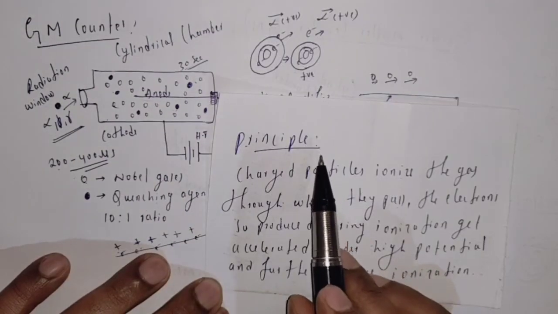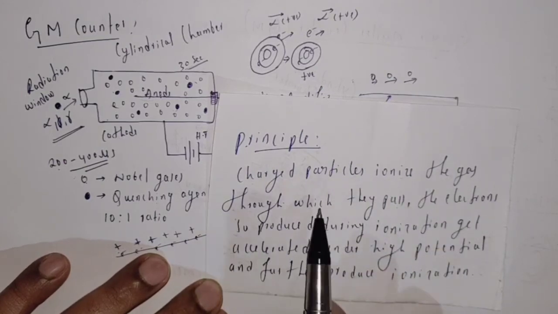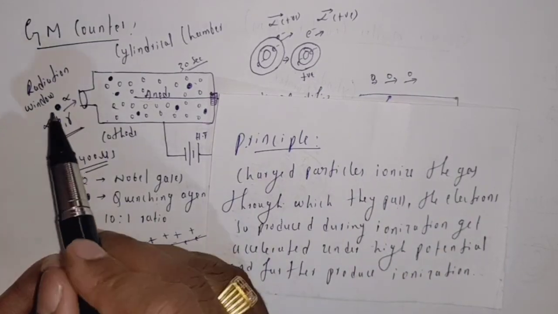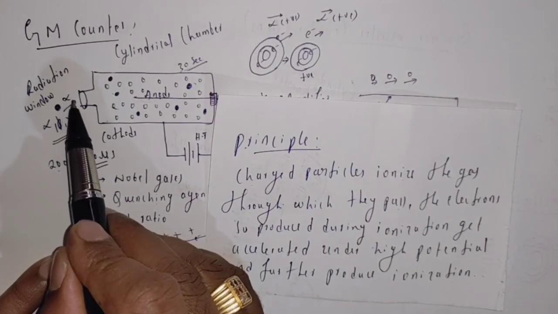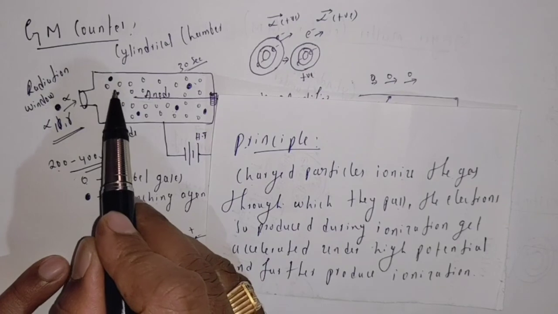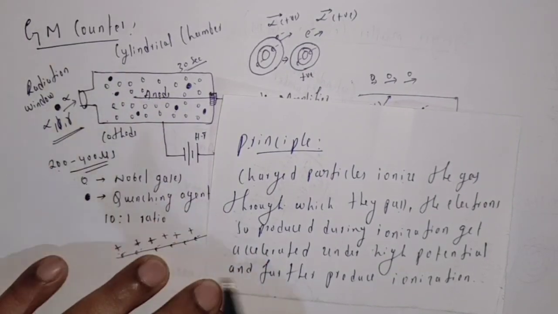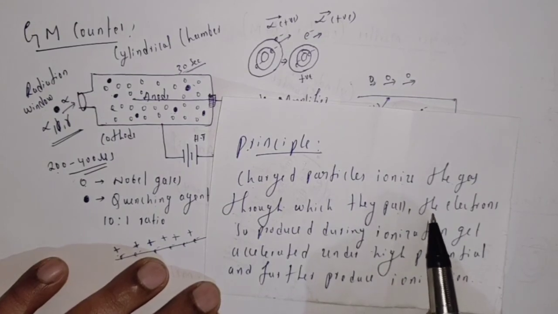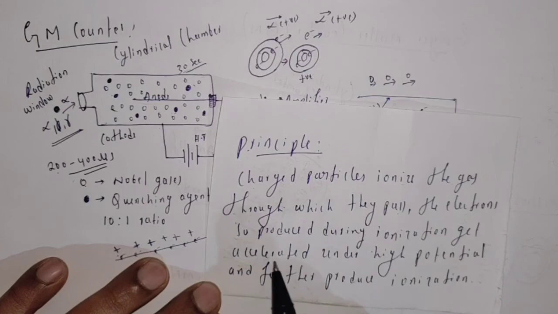The principle states that charged particles ionize the gas through which they pass. Here, the alpha particle is a charged particle that passes through the gas and ionizes the gas molecules inside the cylindrical chamber. The electrons produced during ionization get accelerated under high potential.